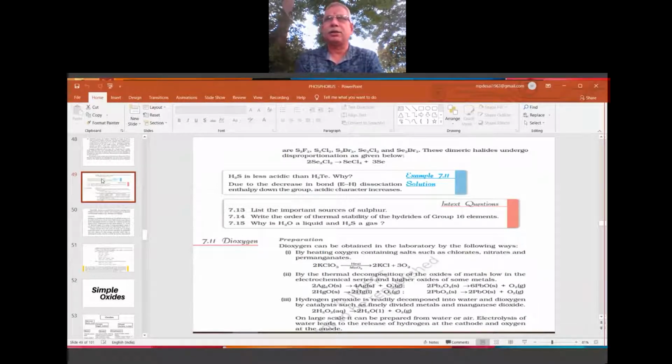These are related to potassium and sodium, because the chlorate, permanganate, dichromate are special anions from which we get the oxygen easily by just heating. It is called thermal decomposition of those oxygen rich compounds.